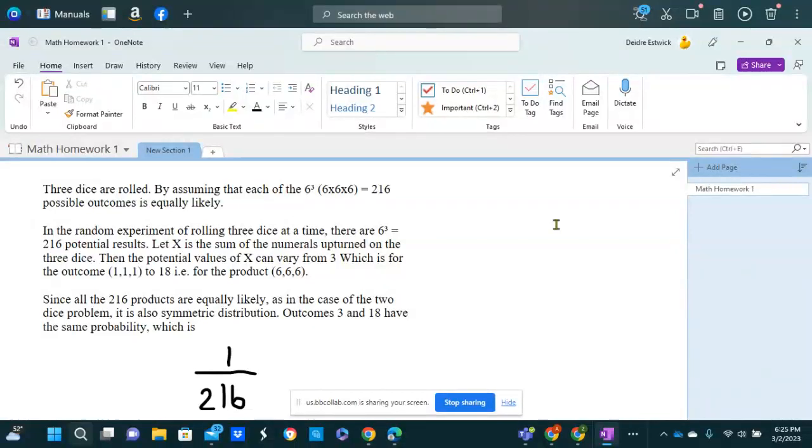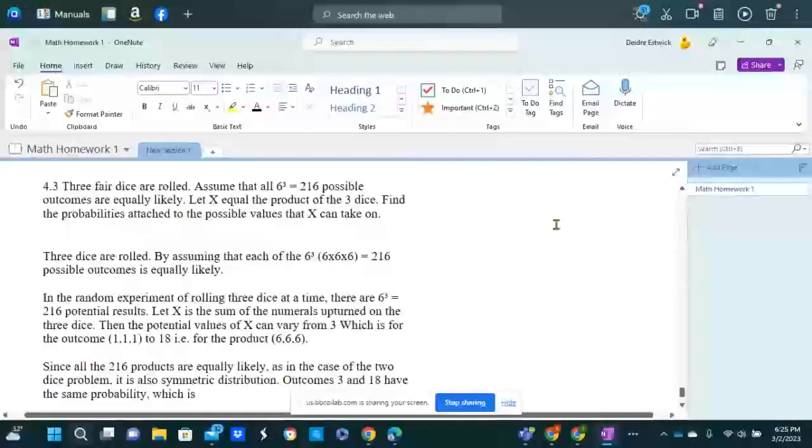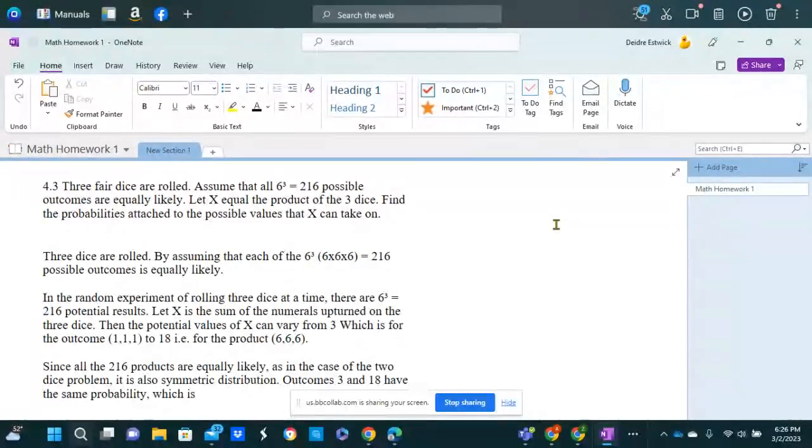That's the question? I didn't really get the question. Sorry. So the random variable equals the product of 3 dice. Find the probabilities attached to the possible values that x can take on. But your answer, 1 out of 216, is the probability for getting 1, 1, 1 and 6, 6, 6.